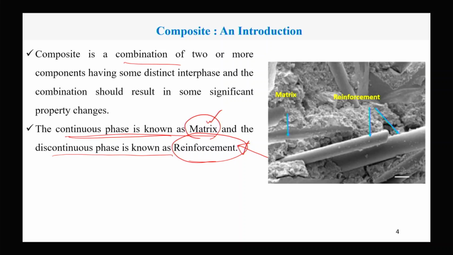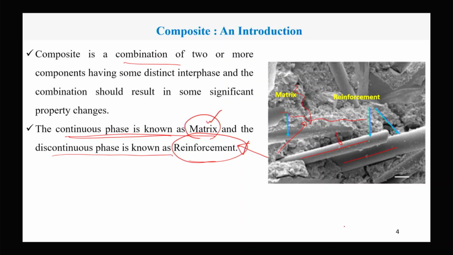We can see here. This is matrix, and here these fibers are reinforcement. We can see here the fibers are not connected. Fibers are individually present within the composite, but the matrix is somehow connected throughout the system, throughout the structure.